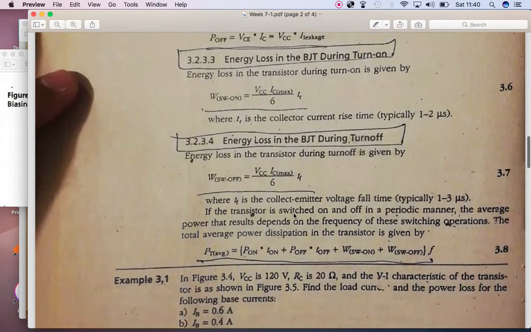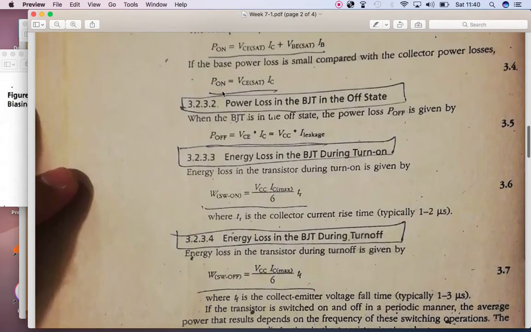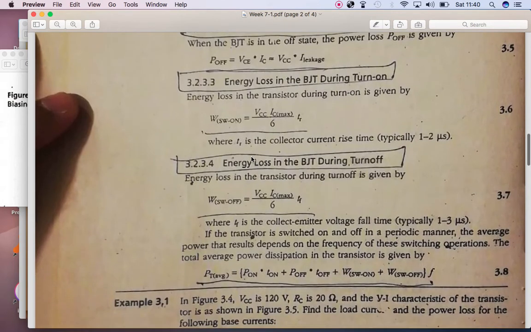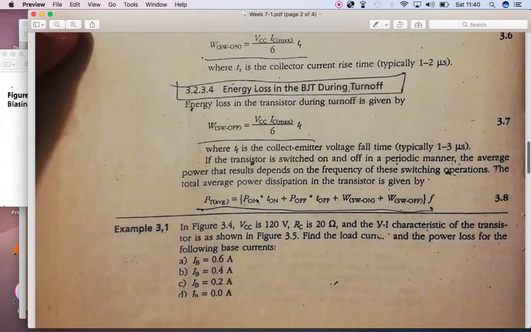So when we have all these calculations, the on state power loss, the off state power loss, and the energy loss from the on to off state and from the off to on state, we can sum all these values. We multiply the on state power loss by the on time to get the on state energy loss, and for the off state energy loss we multiply the power loss during the off state by the off time.